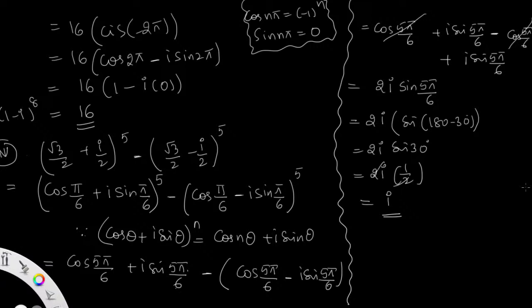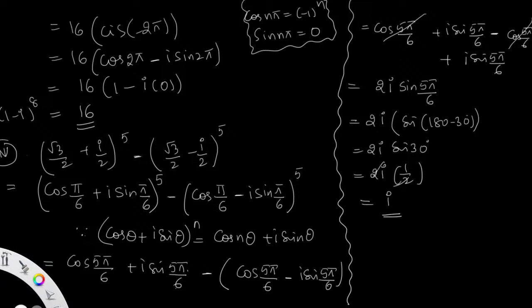Four problems over. Next, go to a similar pattern but with nth powers, where the roots of the values are given. So the second bit: find all the values of (√3 + i) to the power of 1/4. In the first bit, all were just real numbers. Now find out the nth roots.